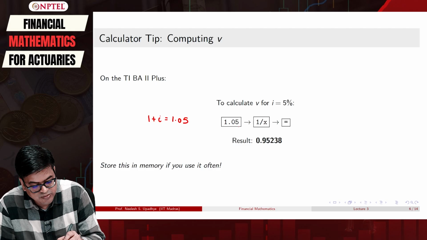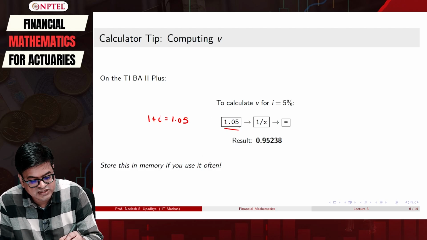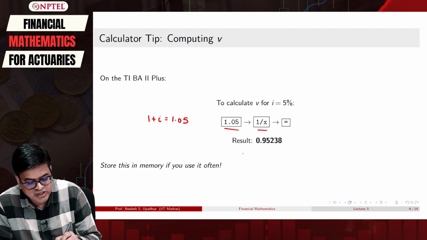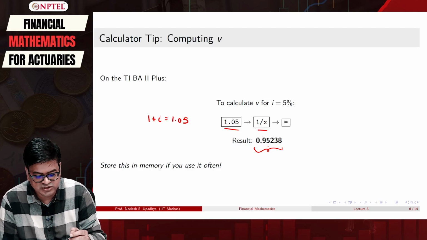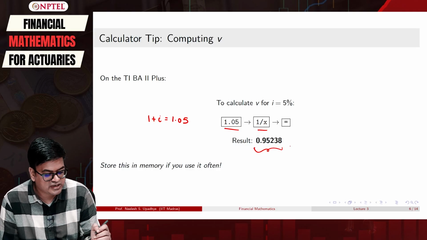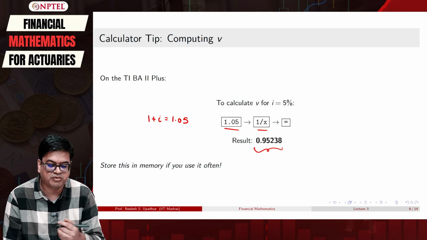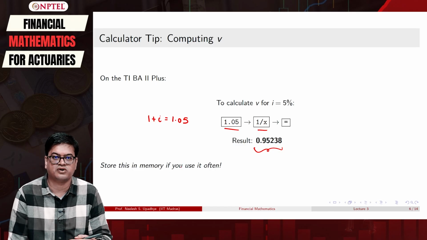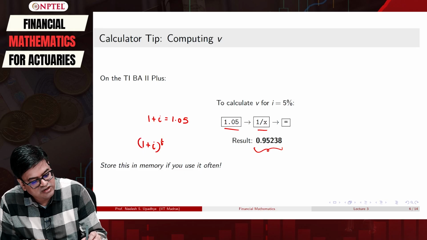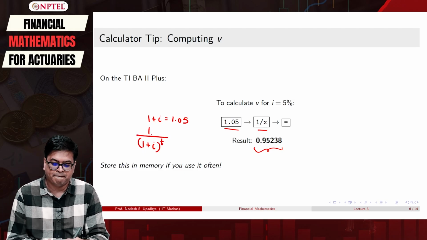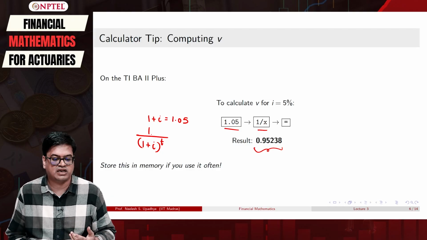So we will press 1.05 on the calculator, and then to discount it is to divide. So we will press 1 by x of that, and that will give me the discount factor, which is equal to this. I have shown you in the example which I have demonstrated. So it's 0.95238, and therefore this result you can store in your memory and then multiply it again and again as many times as you want, as you are multiplying 1 plus I raised to t, or that 1 upon 1 plus I raised to t. So that will be a quick pro suggestion for fastening your calculations.